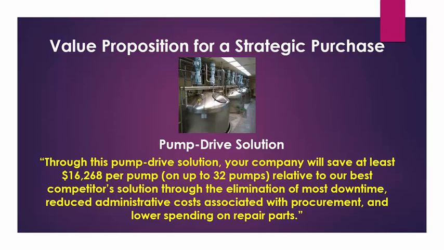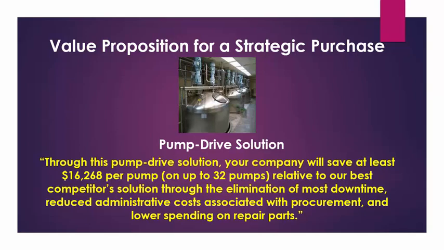This one reads as follows: through this pump drive solution, your company will save at least $16,268 per pump on up to 32 pumps relative to our best competitor's solution through the elimination of most downtime, reduced administrative costs associated with procurement, and lower spending on repair parts. So you see the benefits quantified, $16,000 per pump times 32 pumps, and the sentence is set up as promise versus proof.